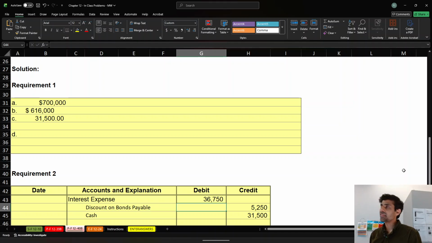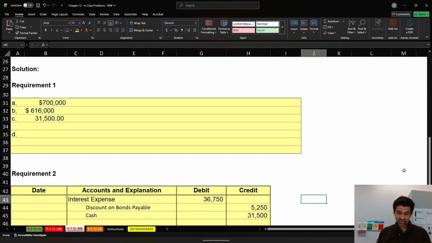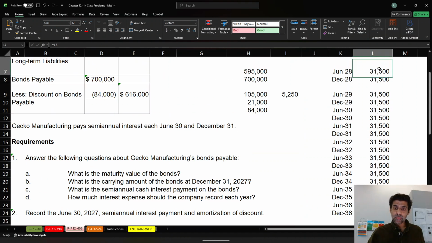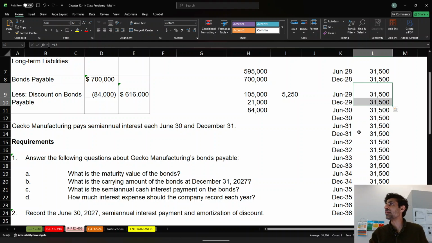But it's asking for the yearly. So what do we do? Just multiply this by 2. So that's our yearly interest expense for this bond. And it's more than the cash, right? The amount of cash we're paying out per year is 63,000.